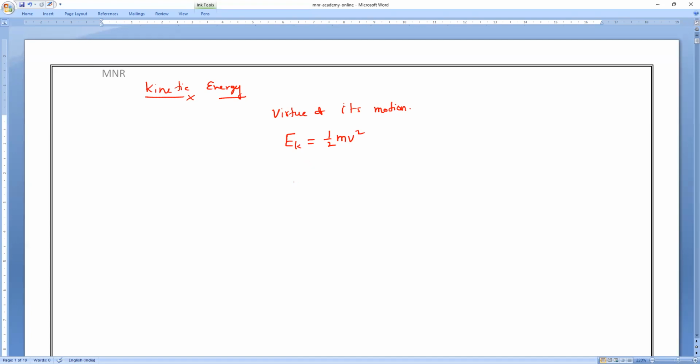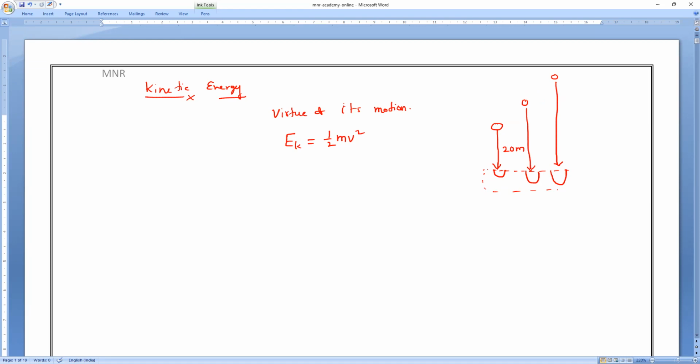And last class, as we discussed, suppose a stone is dropped towards the ground from 20 meters, and then from some other height. You can take a sand area or wet sand, so that the depression created by it keeps on increasing when the height above the ground is increasing.